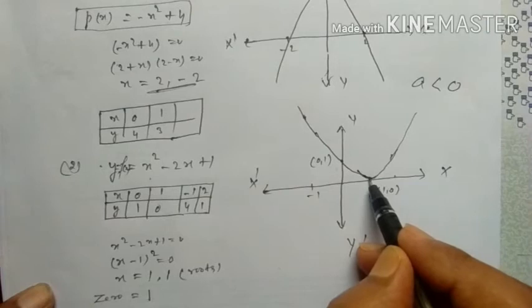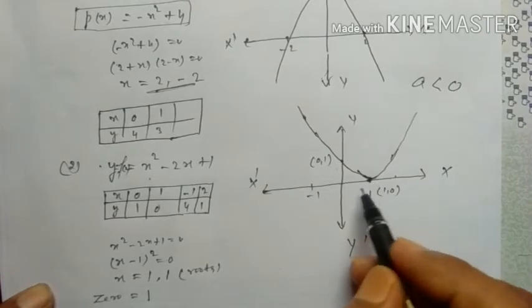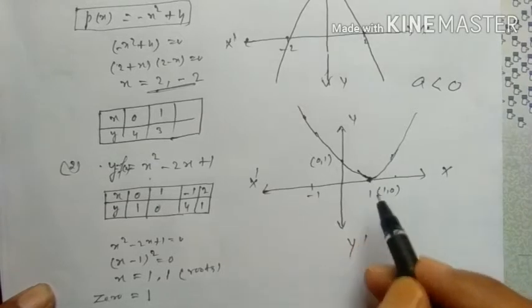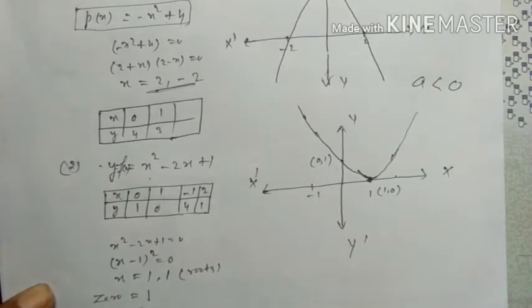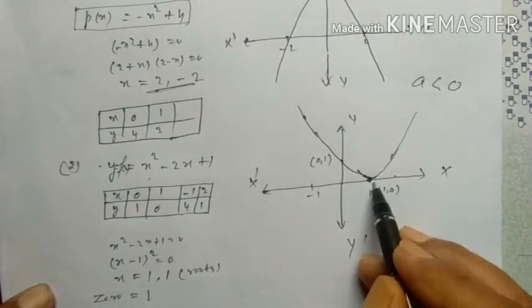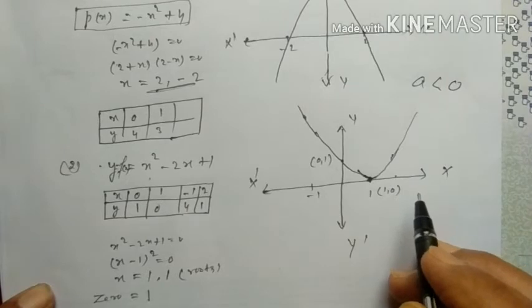So here only one zero, because the graph touches the x-axis at 1 point. There are two roots, the roots will be 2, but the zero is 1 because the graph touches the x-axis at 1 point.